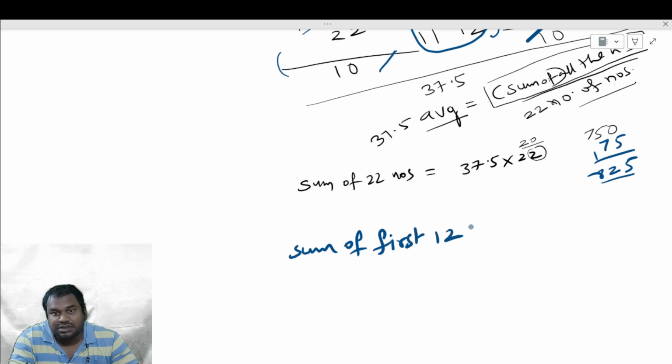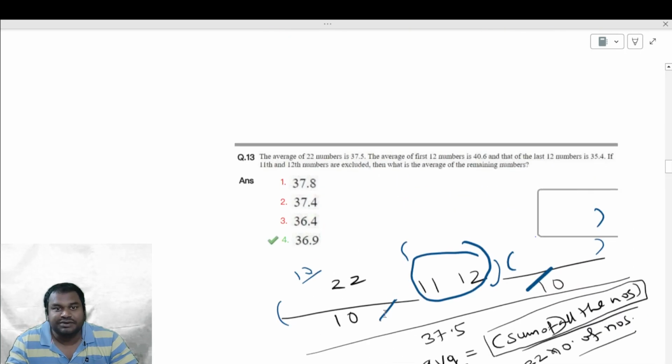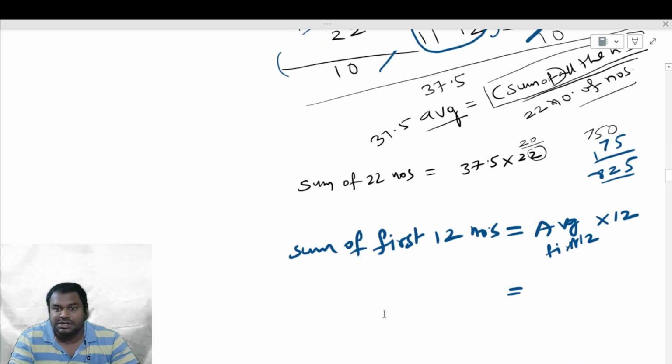So sum of first 12 numbers. For that, I will multiply the average of first 12 into 12. The average of first 12 numbers is 40.6. See, in exam you don't have to do these steps. For your understanding I am writing.